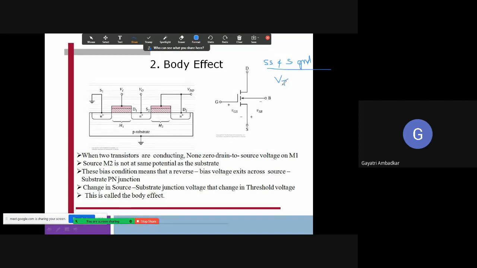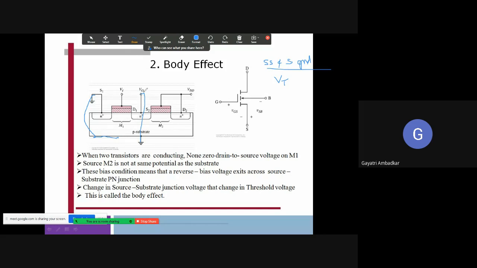But in actual practice, when multiple MOSFETs are connected in series, the source substrate junction of the first MOSFET is at ground potential, but the source substrate junction of the second MOSFET is not at the same potential. Why? Because the drain of the first MOSFET acts as the source of the second MOSFET.